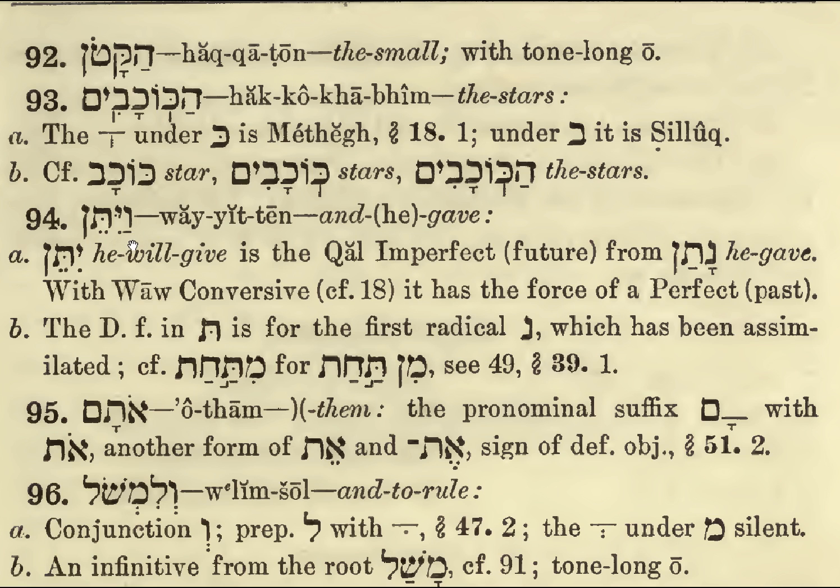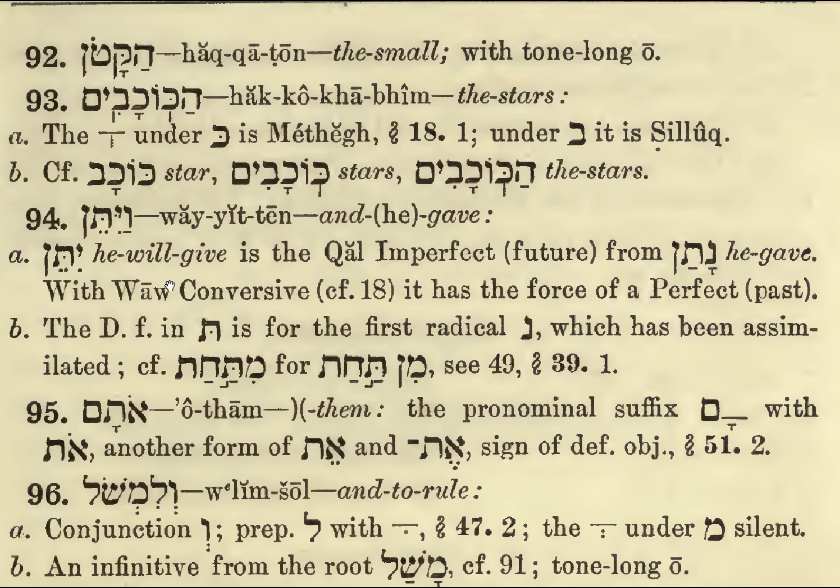Vayitten. And he gave. Note vay, yit, ten. Yitten, he will give, is kal, and it's imperfect. In other words, it's future. Most of the imperfects in Hebrew refer to time that will take place in the future. And the root is natan, he gave. And here we have the doubling, because we're replacing the missing nun.